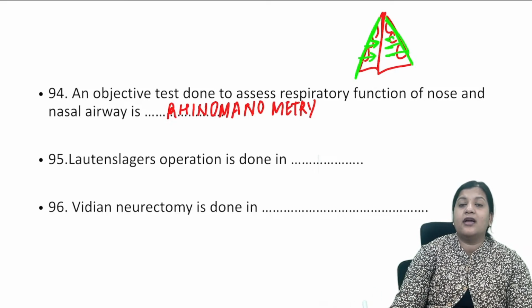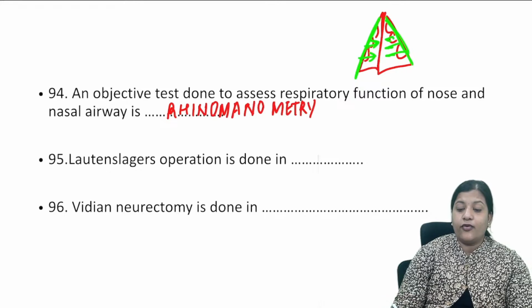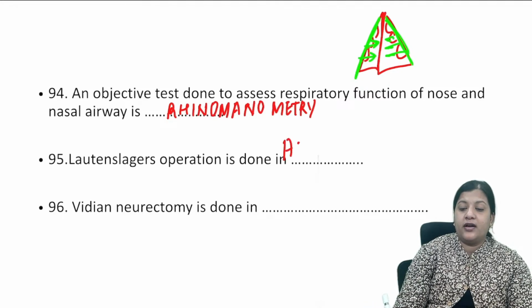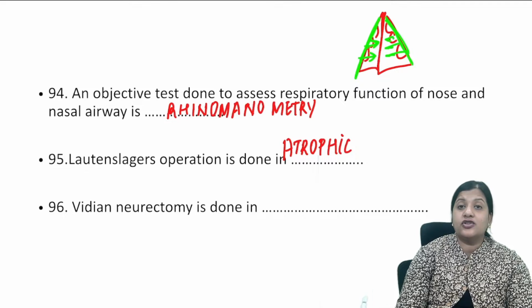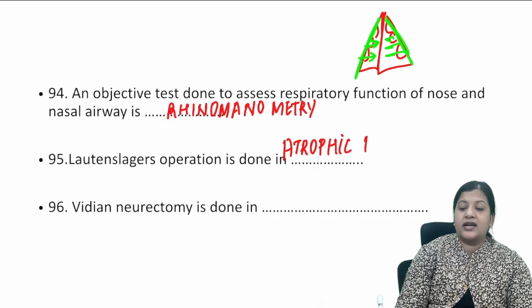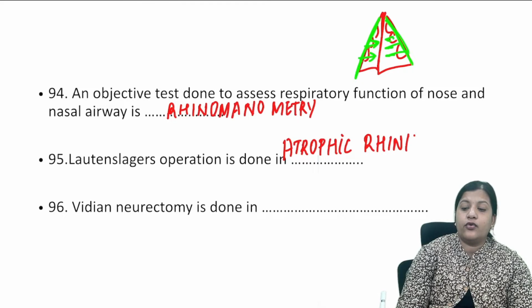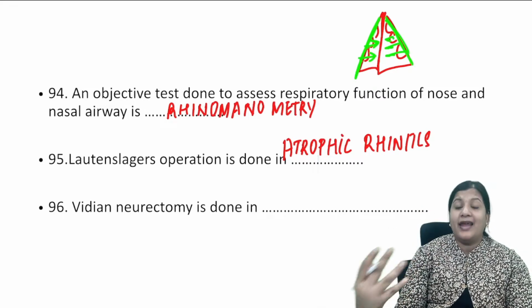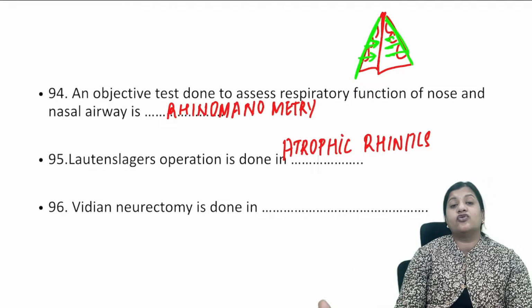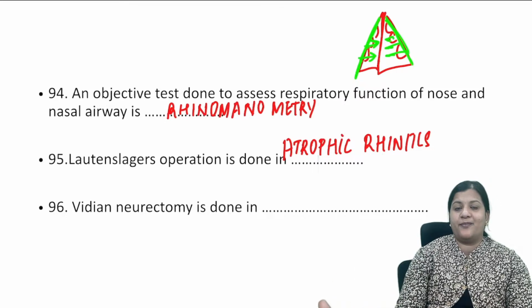We are not doing anything to it. It is done for atrophic rhinitis. Young's operation, we do modified Young's operation or Lautenschlager's operation. So what are we trying to do? We are trying to reduce down the size of the nose so that there is no dry air current going in and there is no crusting and there is no foul smell.